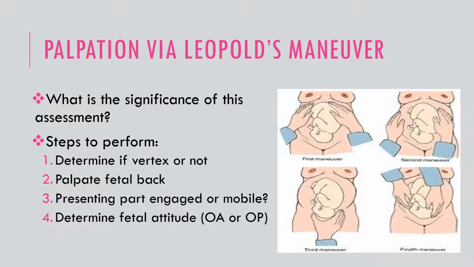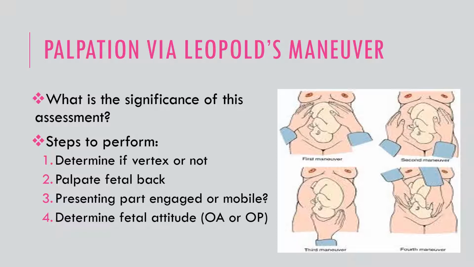So here's another photograph of Leopold's maneuver. It should look familiar because you saw it in IM 5.2. And what's the significance of this assessment? The significance is that it can help you determine if the baby is vertex or not. It can help you determine if the baby is engaged into the pelvis or not.